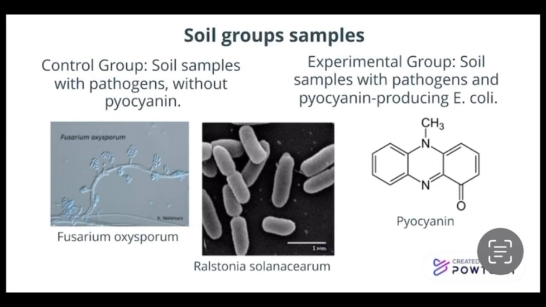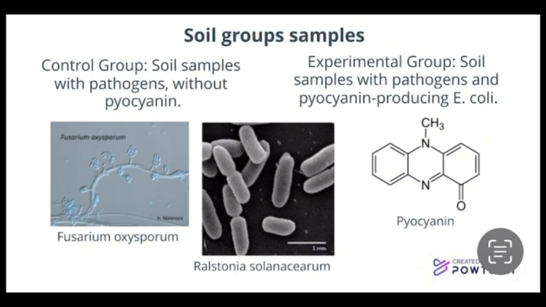Soil samples inoculated with a mix of common soil-borne pathogens such as Fusarium oxysporum fungus and Ralstonia solanacearum bacterium. Nutrient media for bacterial growth. Biosensor detection kits, for example, for quantifying ROS levels in soil, and equipment for pH, temperature, and moisture control.